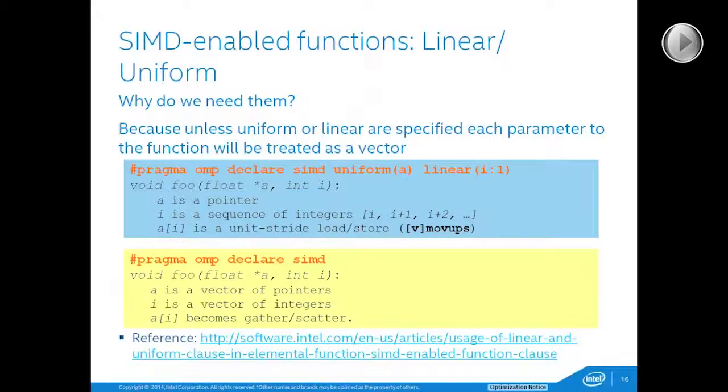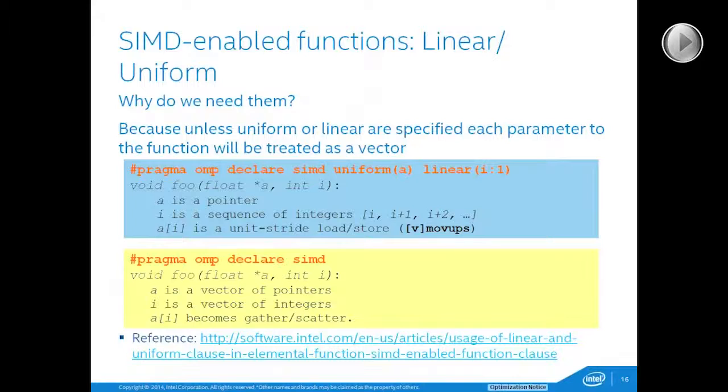Now if you keenly observe, if this is invoked within a for loop where the loop index is increasing by 1, then the i index, the second parameter in foo, has a trend: i is incrementing by 1 in every iteration, which means it's linearly increasing by a unit stride. Now what if I can specify the behavior of these two variables explicitly when I request a SIMD-enabled function from the compiler?